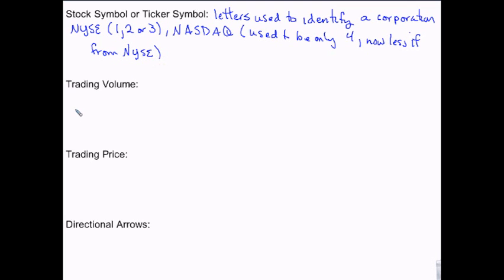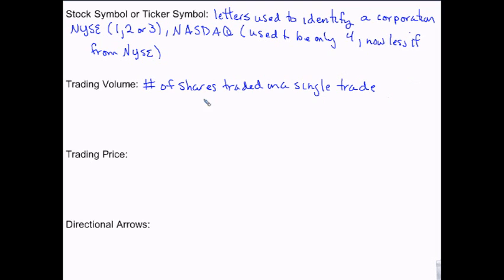Okay. The trading volume is the number of shares traded in a single trade. So everything that comes across the ticker at the bottom is every individual person's stock-buying transactions.